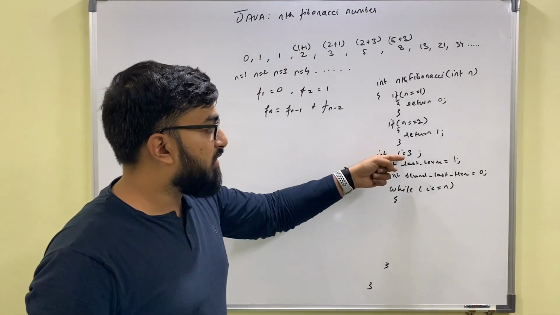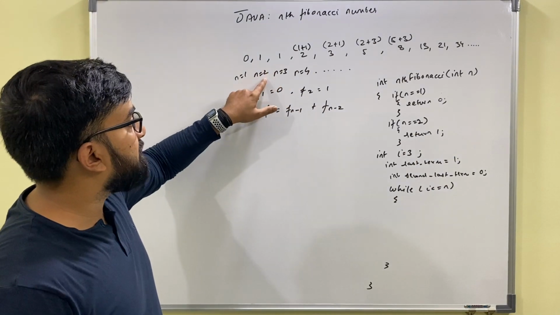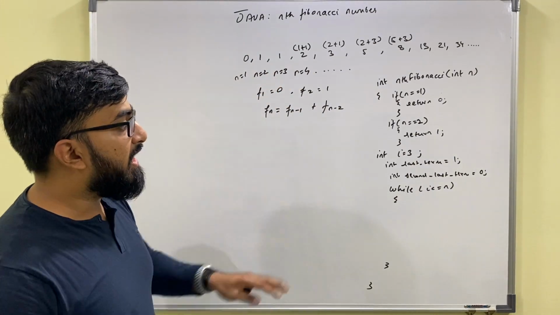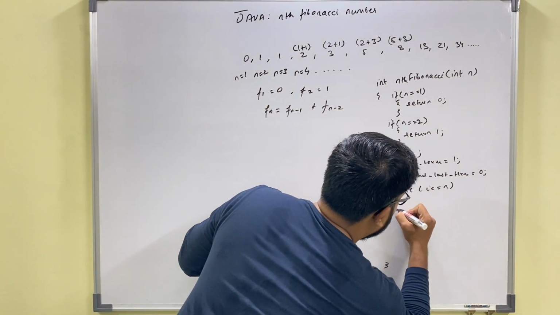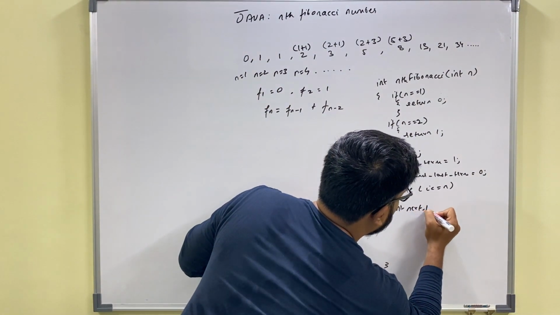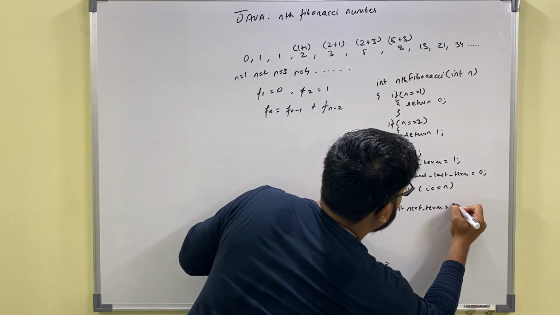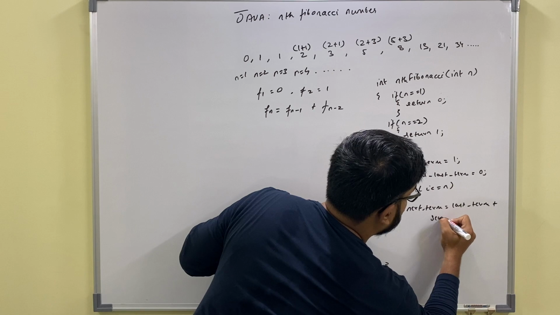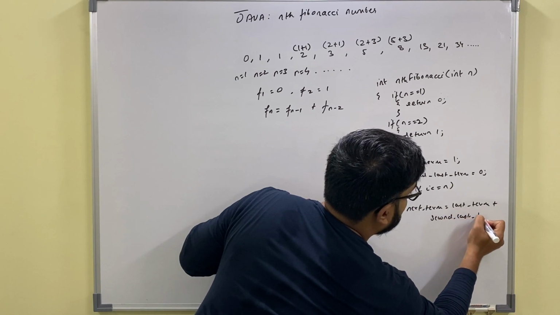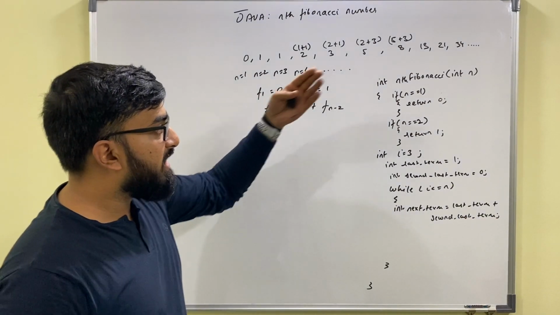I'm taking these two variables so I can find the next term. So I can say int nextTerm is lastTerm plus secondLastTerm.